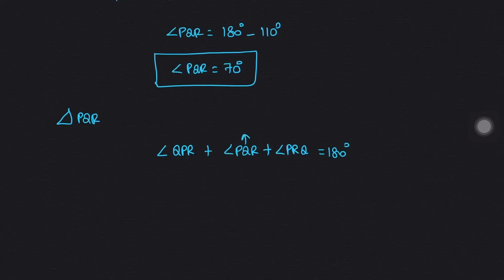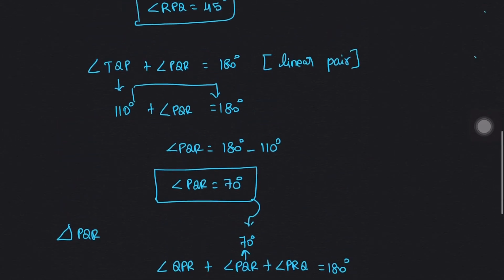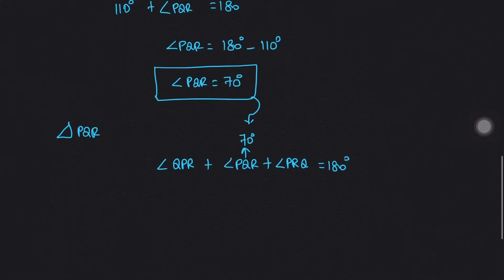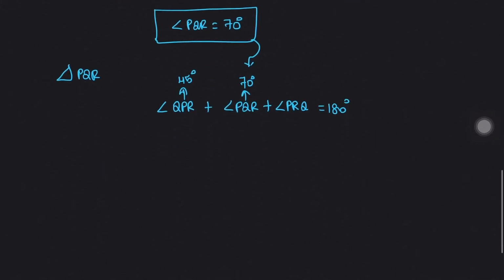This value is equal to 70 degrees, and previously we found RPQ and QPR both are equal, so this is 45 degrees. Adding 45 degrees plus 70 degrees plus angle PRQ is equal to 180 degrees. The addition of these two is 115.